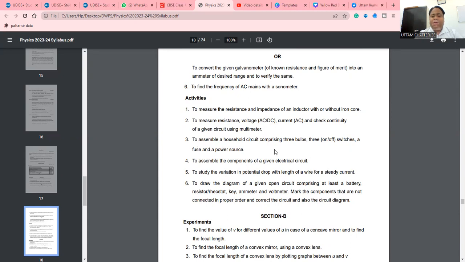To assemble a household circuit comprising 3 bulbs with on-off switches, a fuse and a power source. To assemble components of a given electric circuit. To study the variation of potential drop with length of wire at a steady current. To draw the diagram of an open circuit comprising a battery and resistor. You have to take all the electrical components and join them to make a circuit.